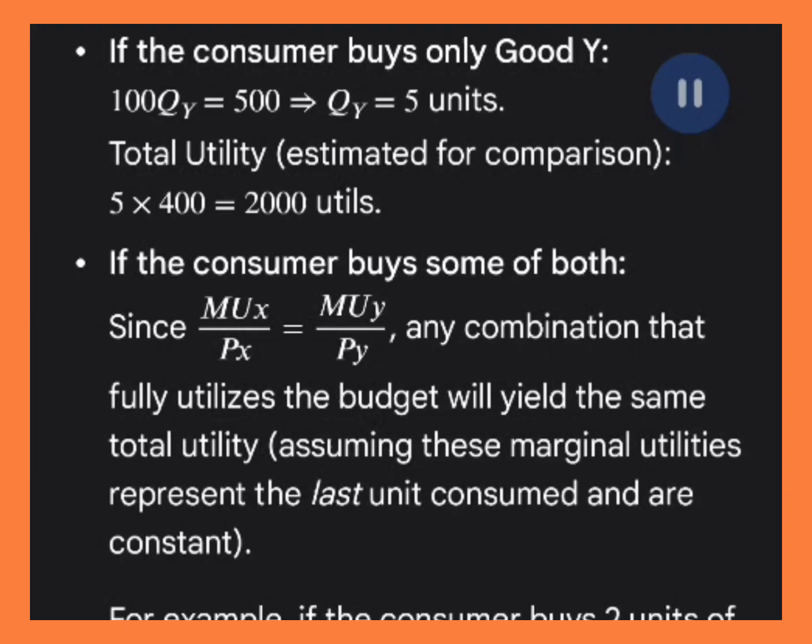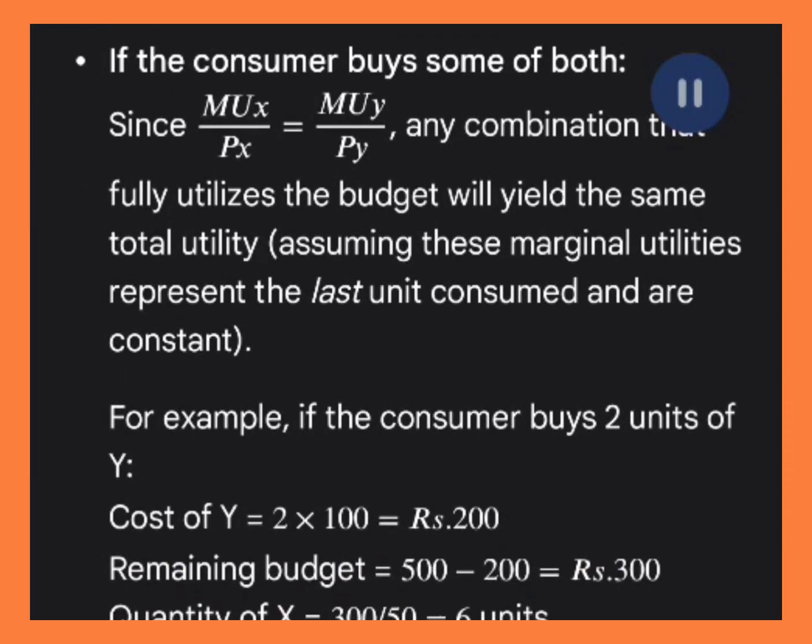Total utility, estimated for comparison, 5 times 400 equals 2000 utils. If the consumer buys some of both, since MUX/PX equals MUY/PY, any combination that fully utilizes the budget will yield the same total utility, assuming these marginal utilities represent the last unit consumed and are constant.